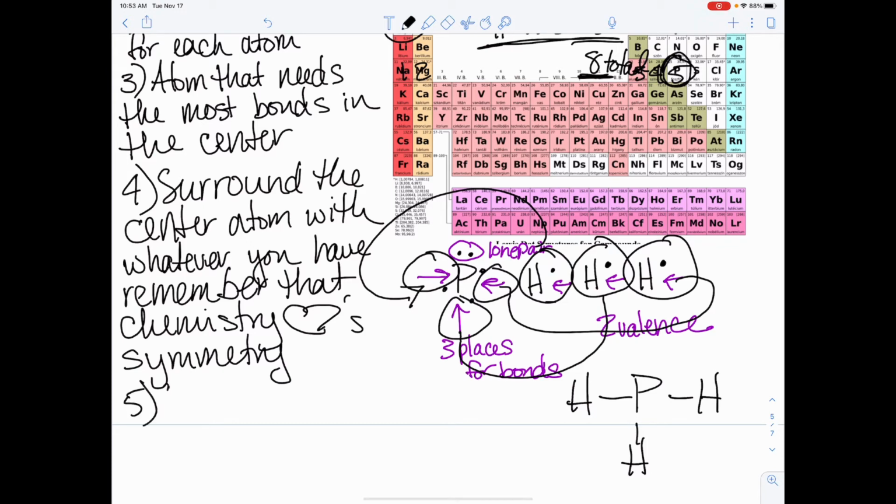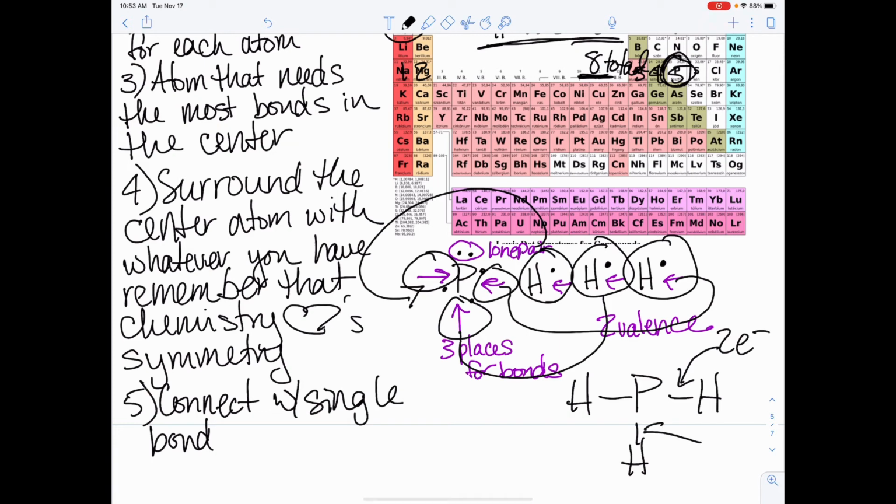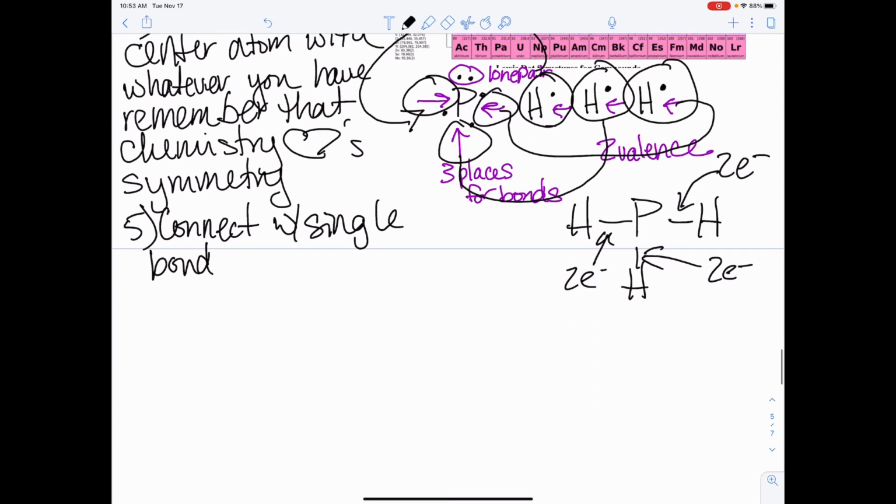Connect with single bonds. And we remember that each bond counts for 2 electrons, right? So there's 2 electrons here, 2 electrons here, and 2 electrons here. Then we've got to do some electron math.